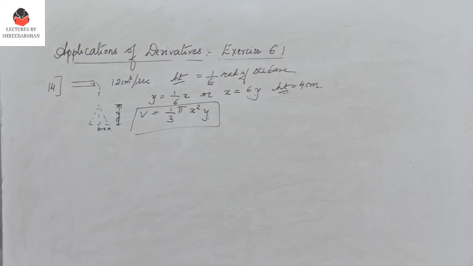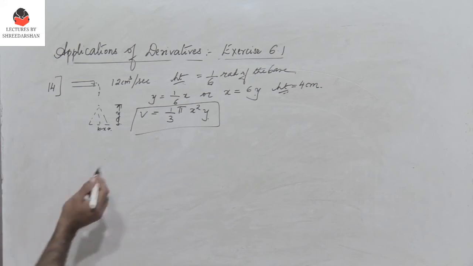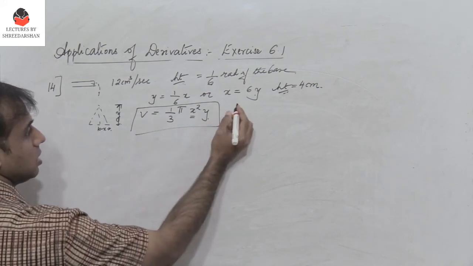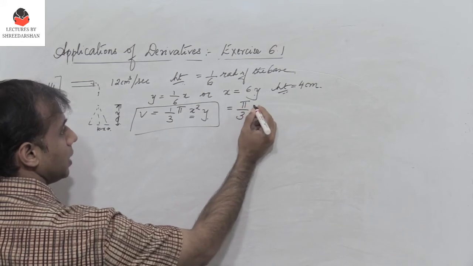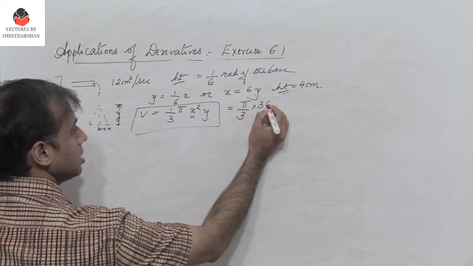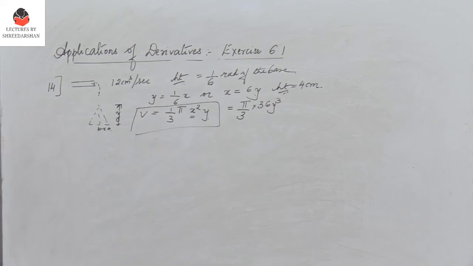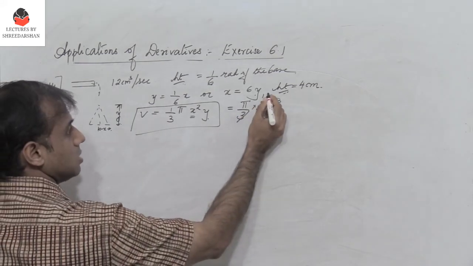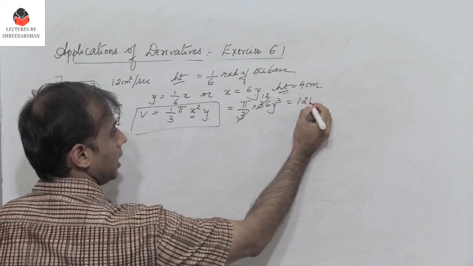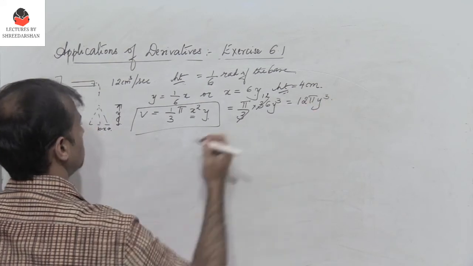From this, I know that x is 6y, so let me substitute this here. 1 by 3 into pi into 36y cube. So the volume can now be represented in terms of y, the height, which is 36 pi y cube by 3. Let me cancel it out, so we get 12 pi into y cube, right?